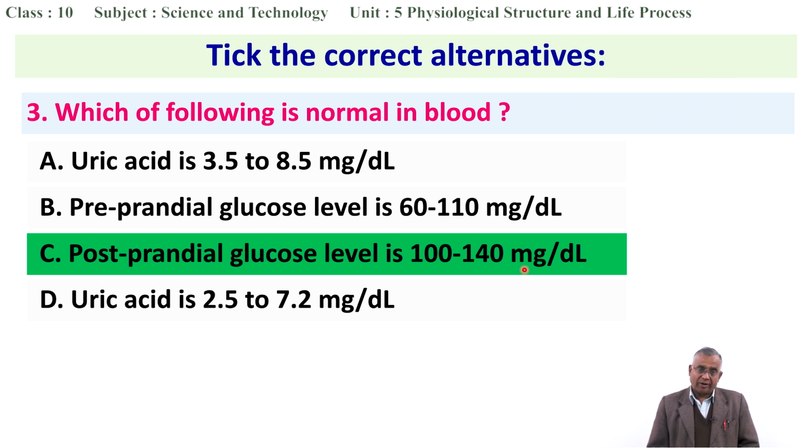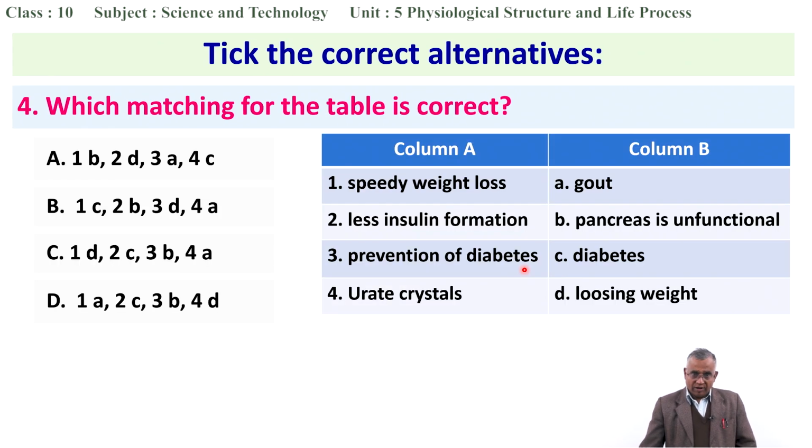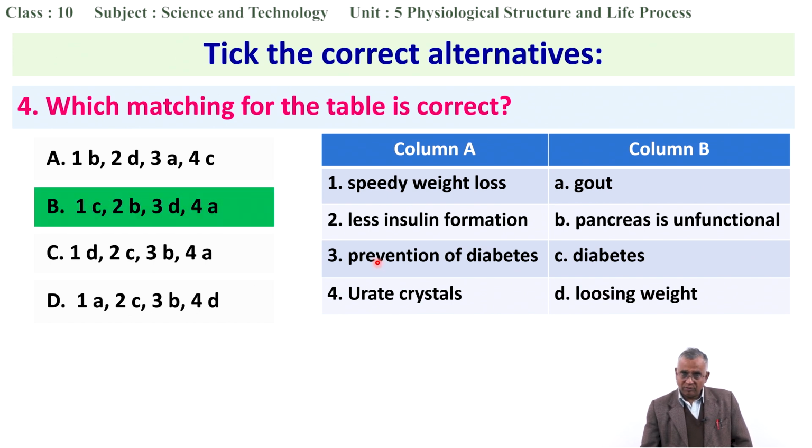Okay. Now next, you have to study this table in which there are two columns, column A and column B, and some things are given. Read them and find out which matching is correct. What is your answer? Let's see.